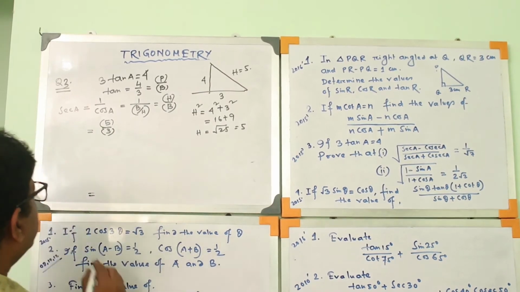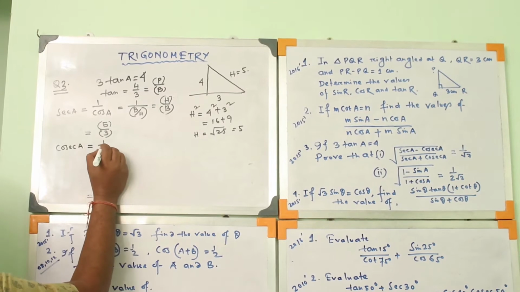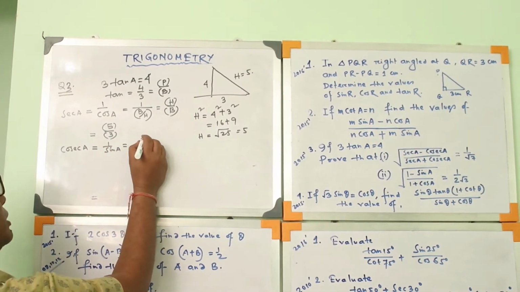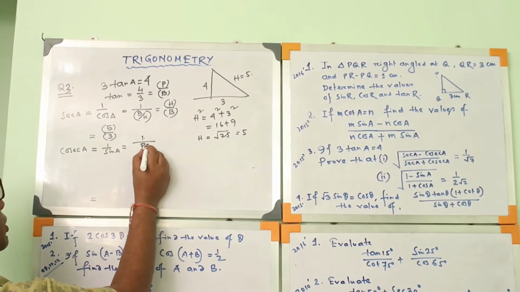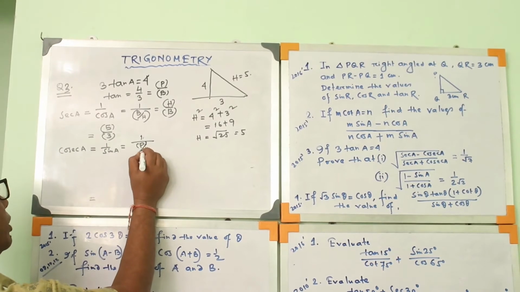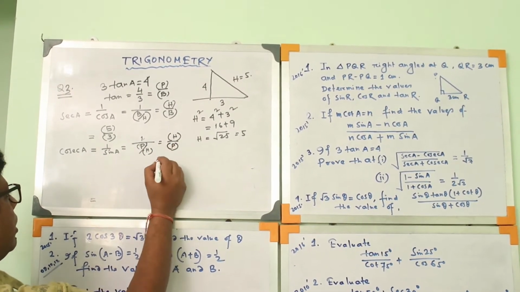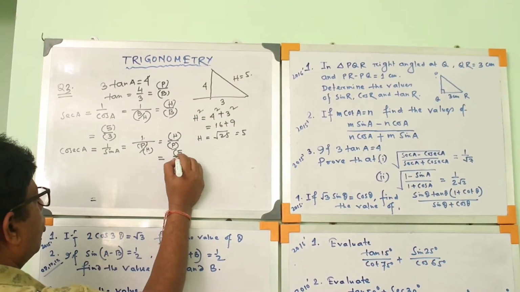What will be the value of cosec A? Cosec A means 1 by sin A. That means 1 by perpendicular by hypotenuse. That means hypotenuse by perpendicular. That means hypotenuse is 5 and perpendicular is 4.